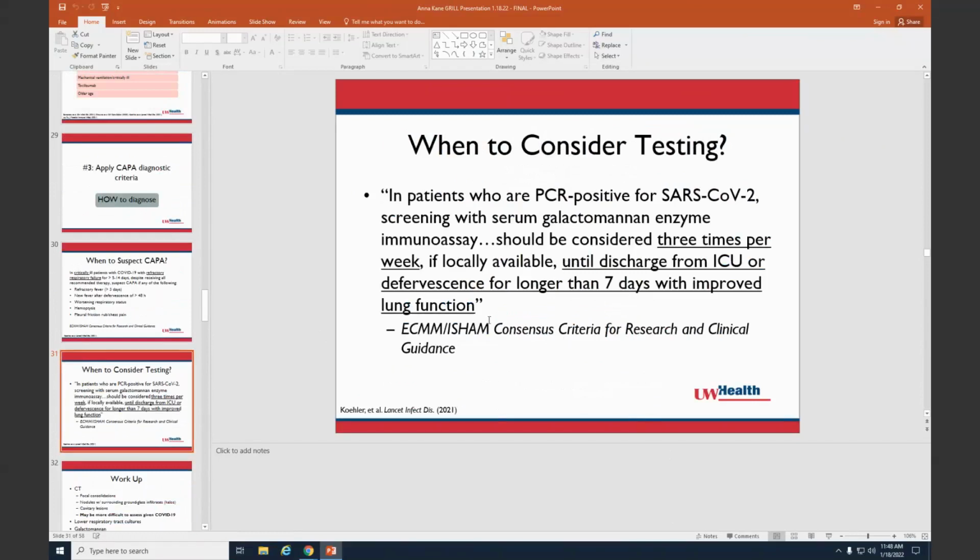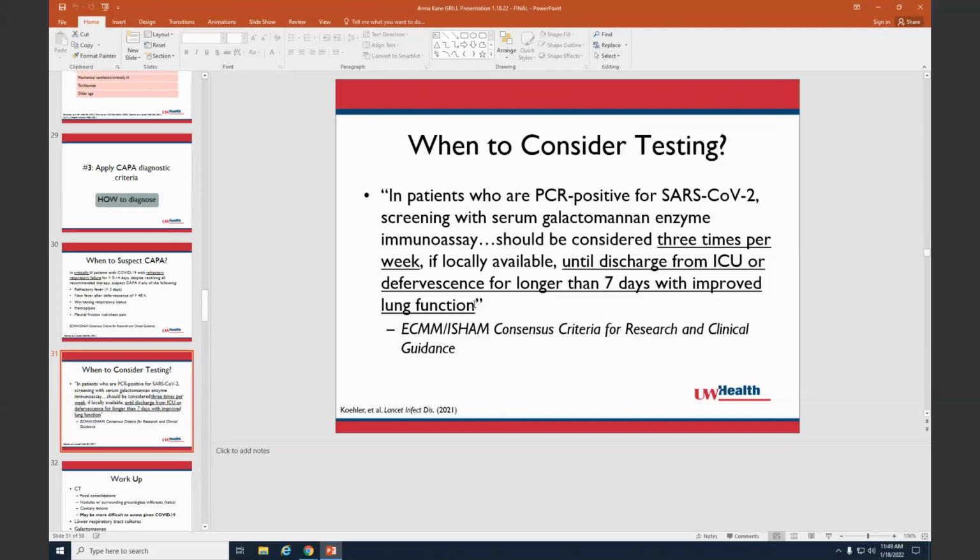So in patients who are COVID positive, we can consider 3 times a week. And so I think it's more of a clinical decision on when to screen, because like we said, with the prophylaxis too, if we do get a positive galactomannan, it may be difficult to know exactly what to do with that result, whether to start antifungal prophylaxis or to treat, or if we do just wait for them to clinically decline.